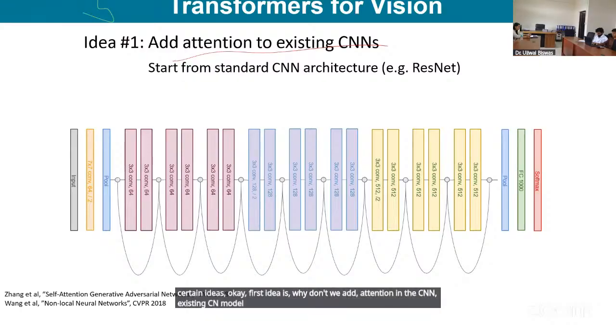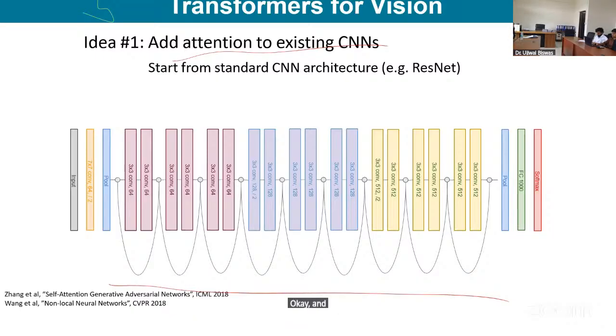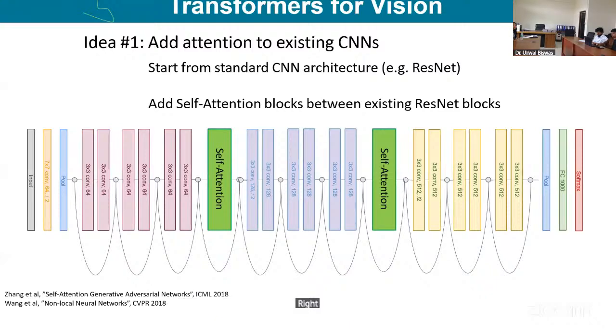This is a sample CNN architecture known as a residual network, where residual connections or direct connections are given between the layers, as you can see here. So why don't we add some self-attention layers in this? That is one possibility.